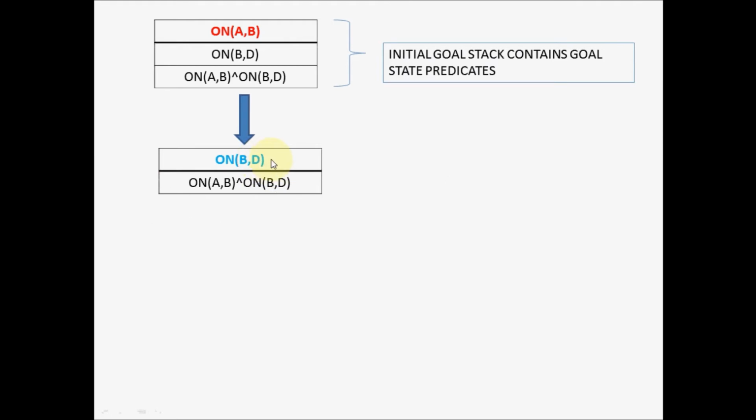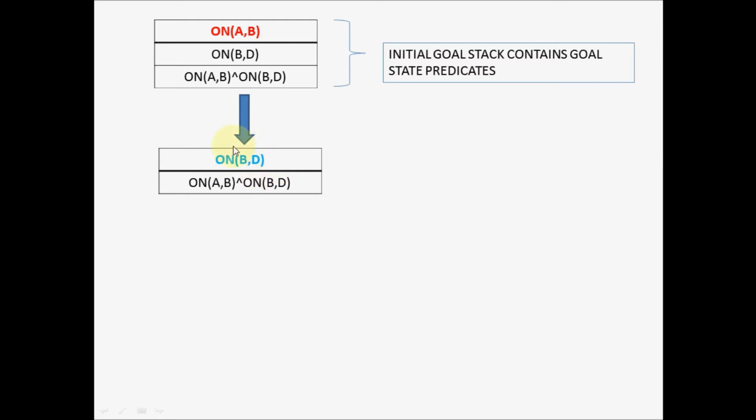So then what does the algorithm do? The algorithm checks, out of the four actions that we just saw, which action, if we take it, has an effect that is going to make this particular predicate true. I'm repeating it.